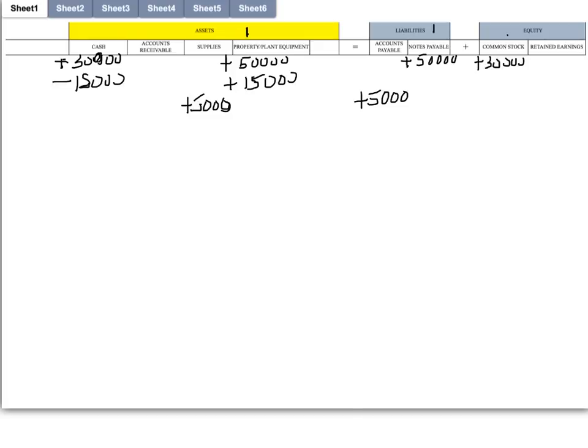All right, number 5 says we provided services of $13,325. We received $12,200 in cash. So in this case, we're going to put the $12,200 of cash we received. We also had services.